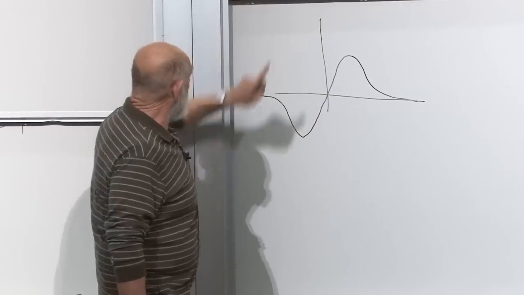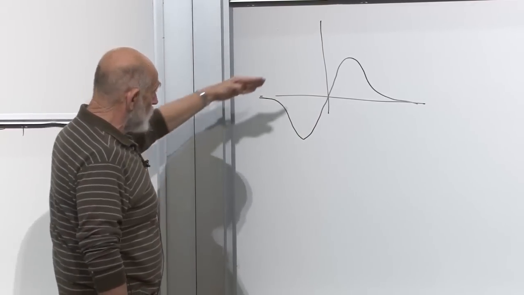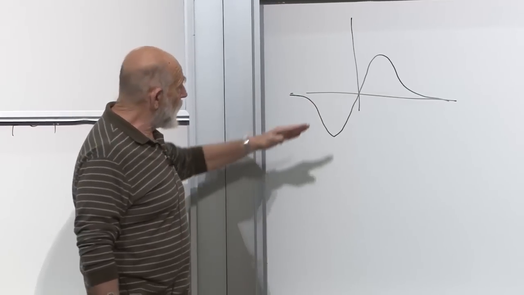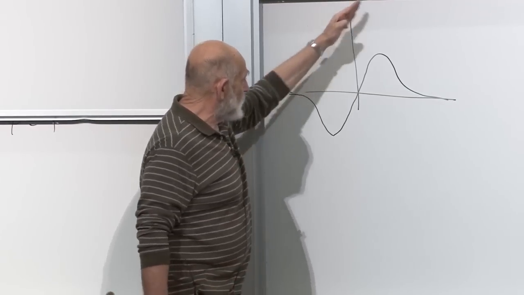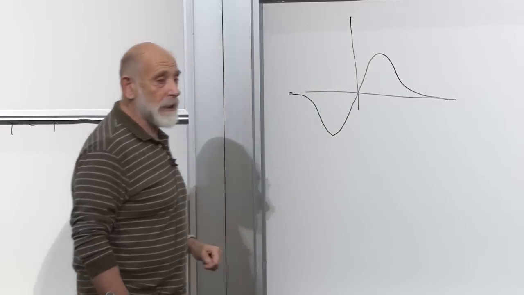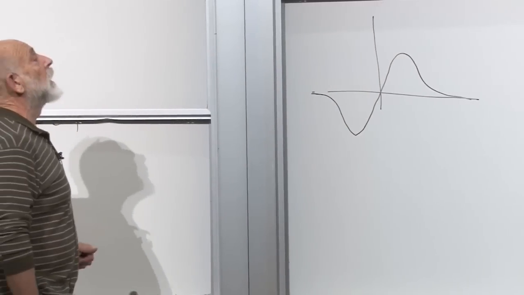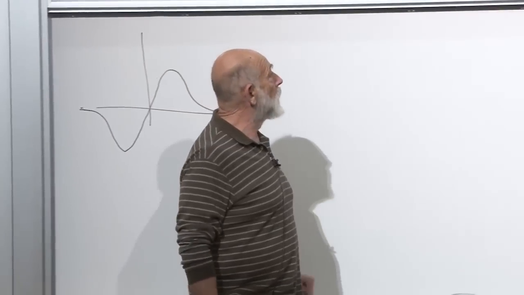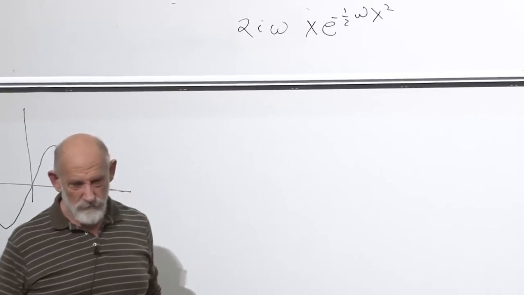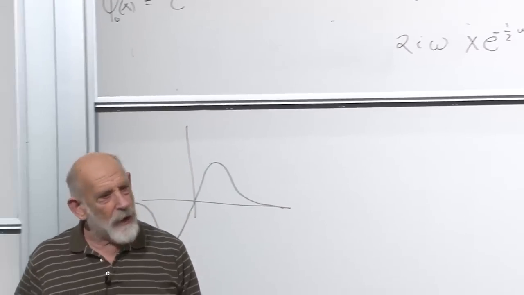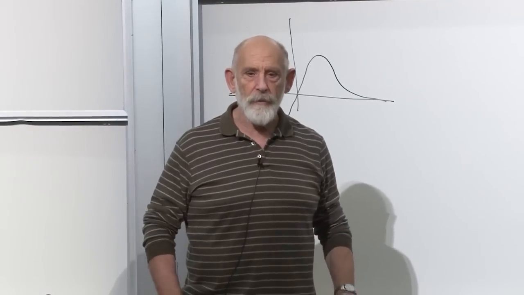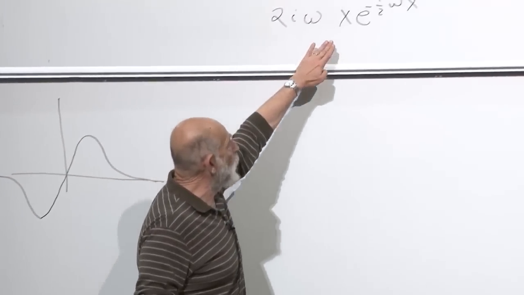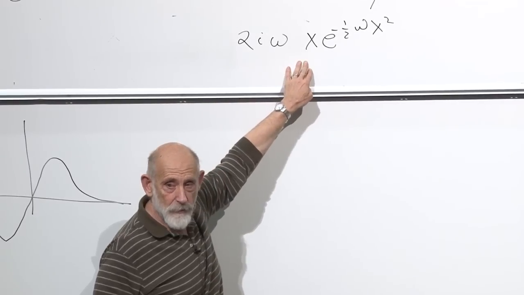The ground state had no nodes. A node means that the wave function is 0 somewhere. The ground state had no nodes. The first excited state has one node. Each time you act with A plus, you make a higher order polynomial in front of e to the minus omega x squared.